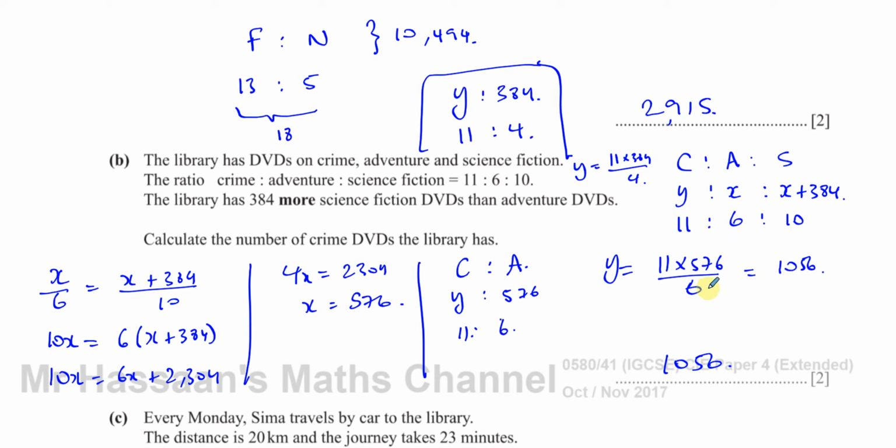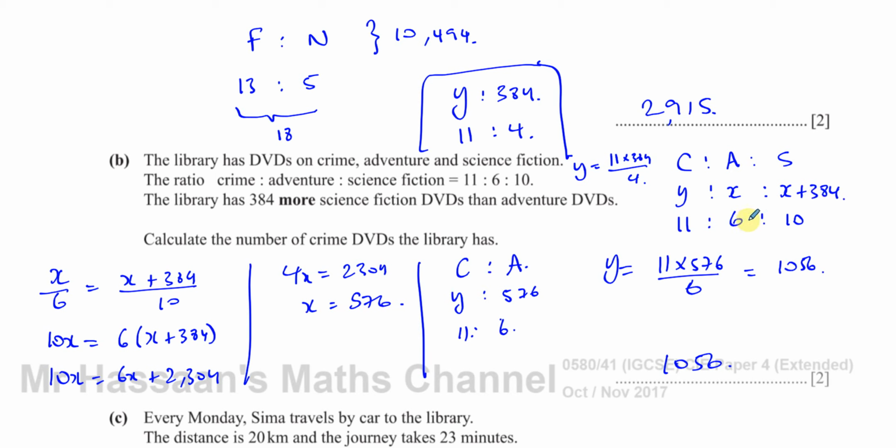So this is a bit of a long way. I thought, it's only worth 2 marks, and we've gone through quite a bit. What we could have done, the way that I've just thought of right now at the end, is that the difference between the science fiction and adventure is 4 parts. And the difference between them in terms of DVDs is 384.